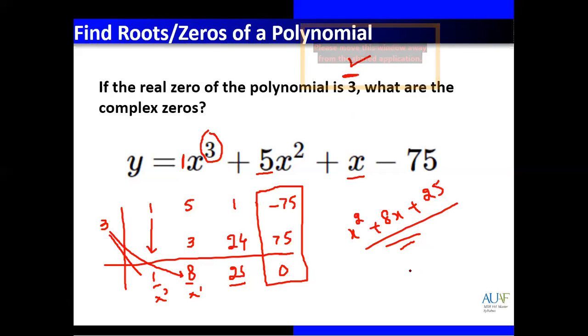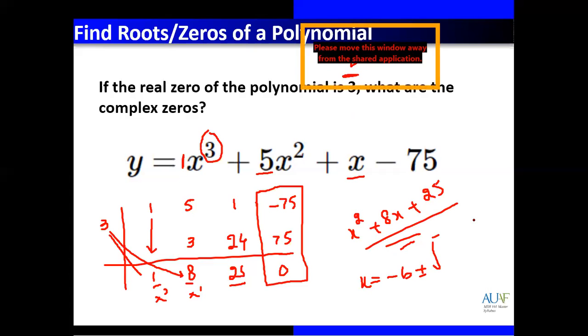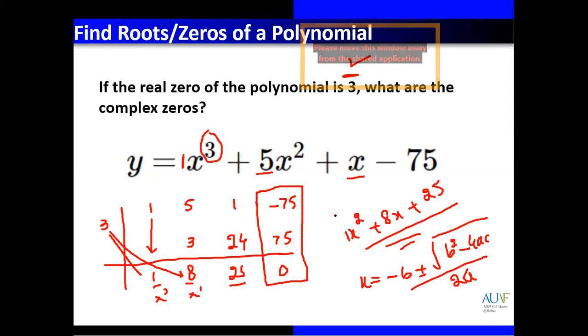Correct? Okay, you cannot solve all questions with the help of factorization. So you use the quadratic formula: x is equal to minus b plus minus square root of b square minus 4ac, divided by 2a. What is a? A is 1.